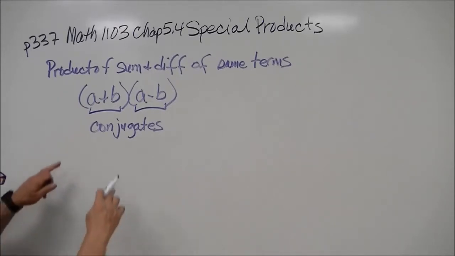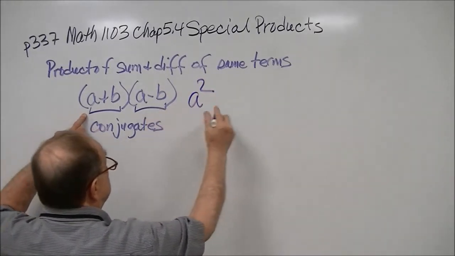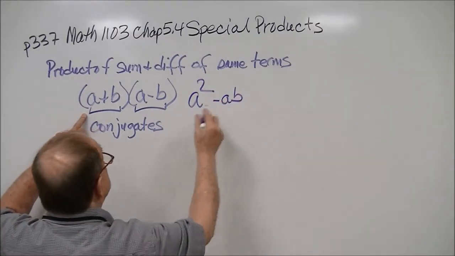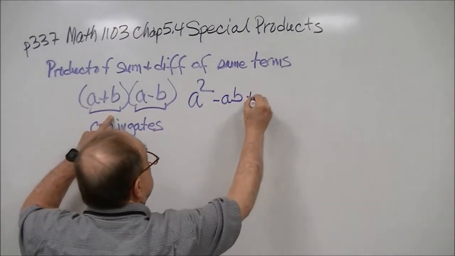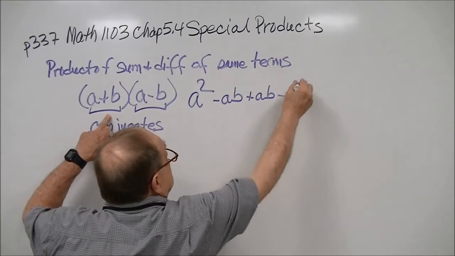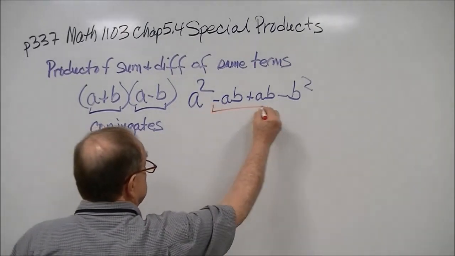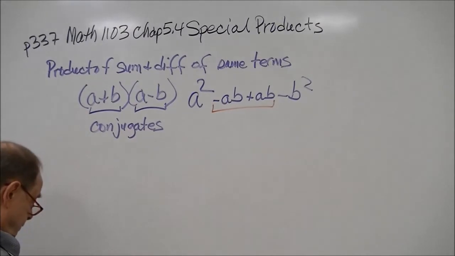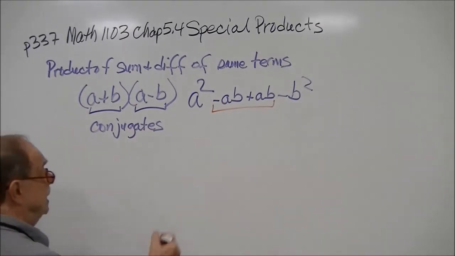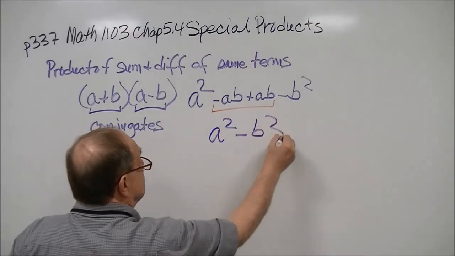So let's do it, FOIL it. This is going to be a squared. My outers are a negative ab. My inners are a positive ab. And my last is a negative b squared. Notice something very interesting happens here. My middle terms cancel out through addition, and we're left with a squared minus b squared.